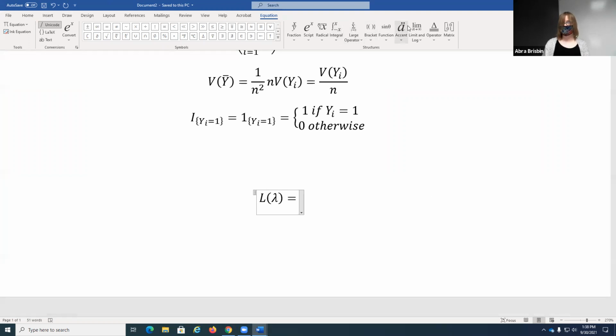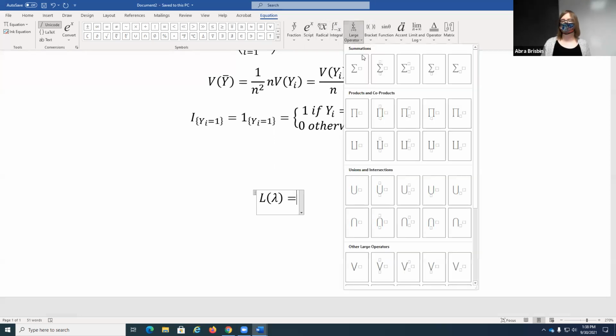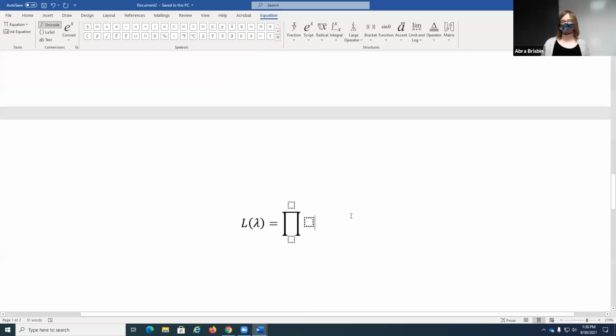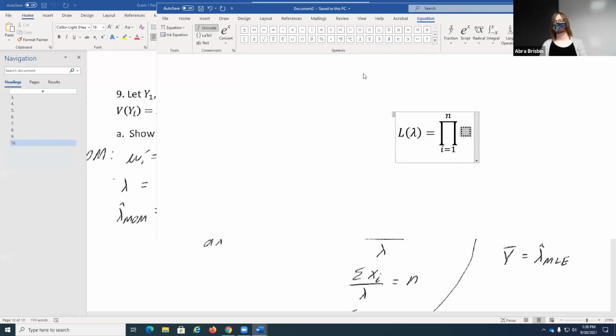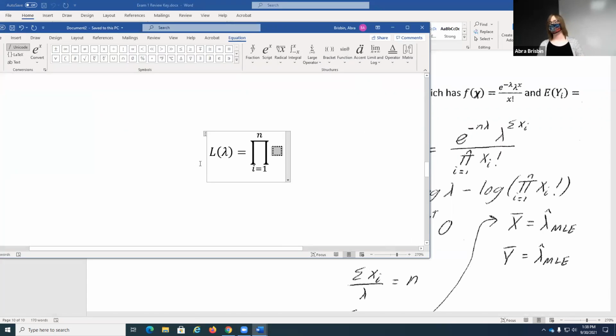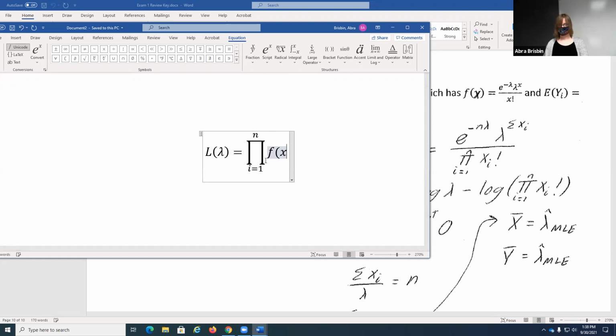All right, so again, we'll start by using the pi notation for the repeated product. And then we'll use the density function that we were given in the problem. So this is f of x sub i.